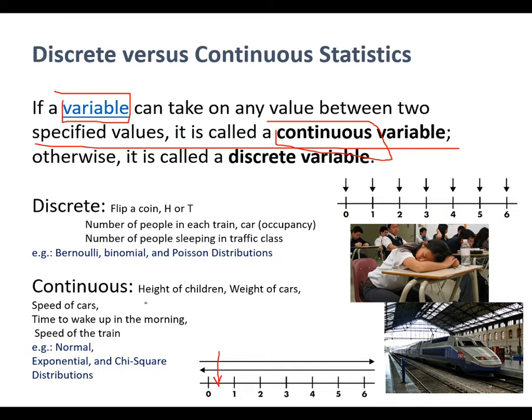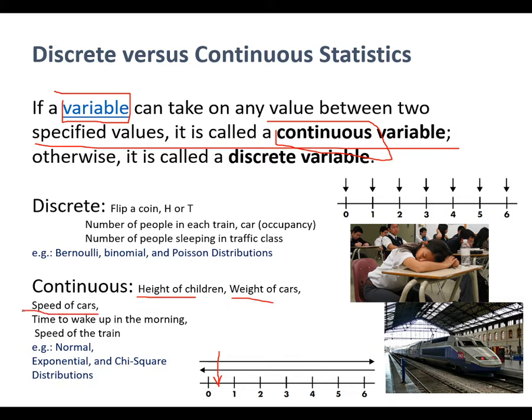This is a little bit hard in predicting, because the probability of a person coming to my class with a height of exactly 5.4396 is going to be 0, because we cannot have this exact number with the decimal point. Some examples here: height of children, weight of cars, speeds.